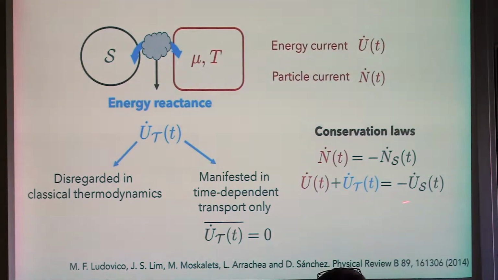So the conservation law does not only involve the energy stored in the reservoir and at the nanoscale system, but also involves a contribution of the tunneling region. And this term is disregarded in classical thermodynamics because it's too small. But when you are studying a nanoscale system out of equilibrium, the energy stored in the nanoscale system is comparable to the energy stored at the tunneling region, so that it cannot be neglected anymore.